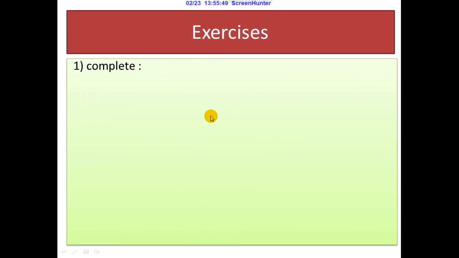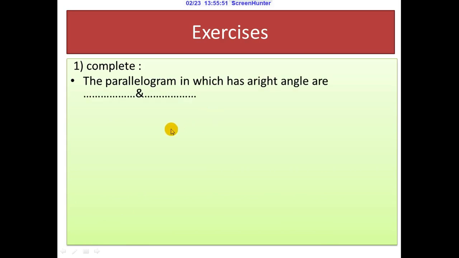Exercise. First one, complete: the parallelogram which has a right angle is what and what? It will be the rectangle and sure the square. Rectangle as the first and the second one square.